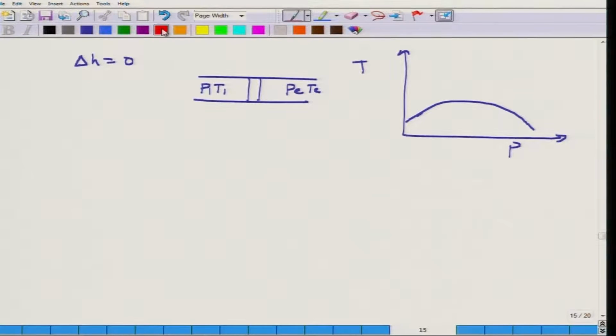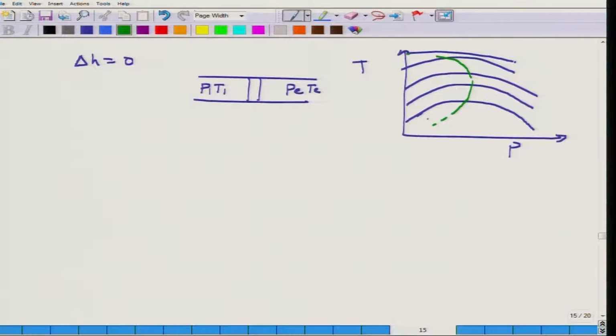You can have different initial conditions and you will get different curves, and the maximum you can connect to obtain something like this. So this will be your inversion line, and the temperature at the end of this curve will be your maximum inversion temperature.